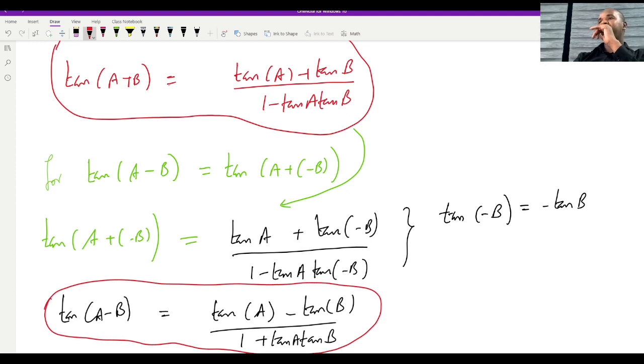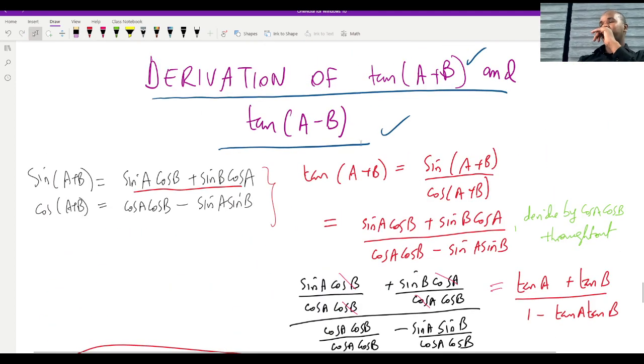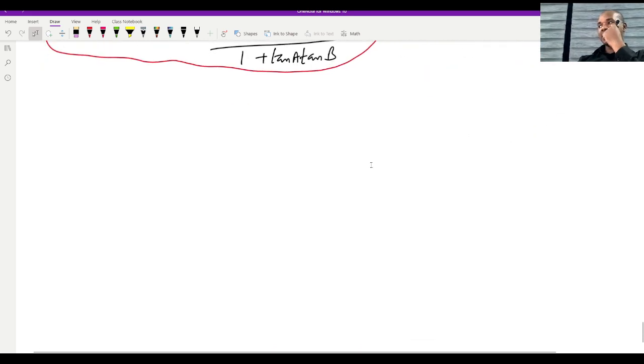We have derived two expressions today: tan(A + B) and tan(A − B). So that is the derivation for all compound angles.